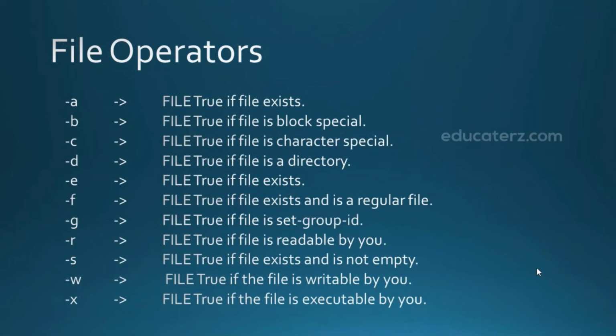And if you give test with hyphen d and a particular directory name, it would return true if that directory exists. By using the set of operators displayed on the screen, we can work with the test operator to check file existence and file permissions.